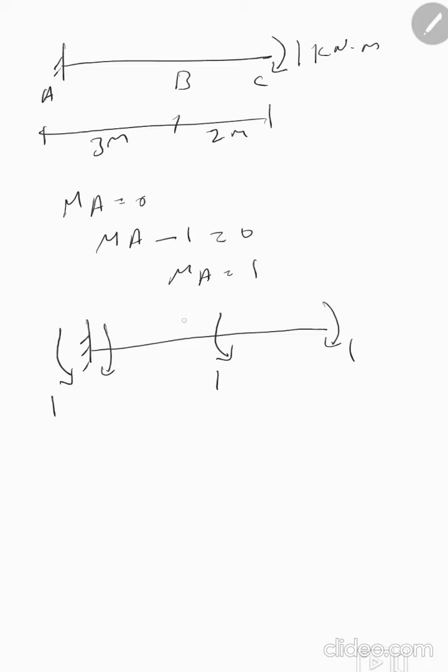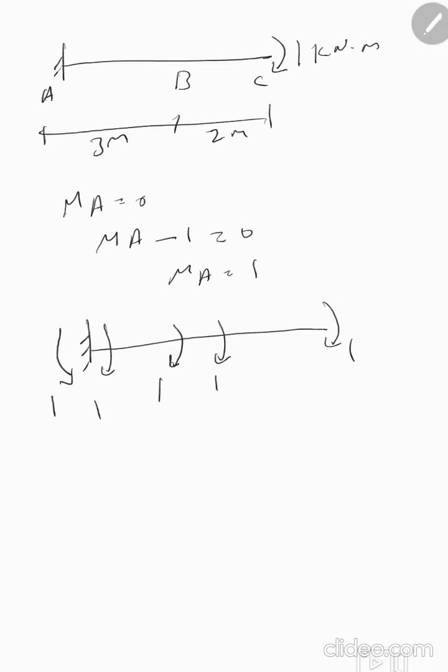Clockwise and anti-clockwise, like this one, and clockwise direction. 1, yeah, this is correct. So these are moments, and all values equal 1 because we don't have any other forces.